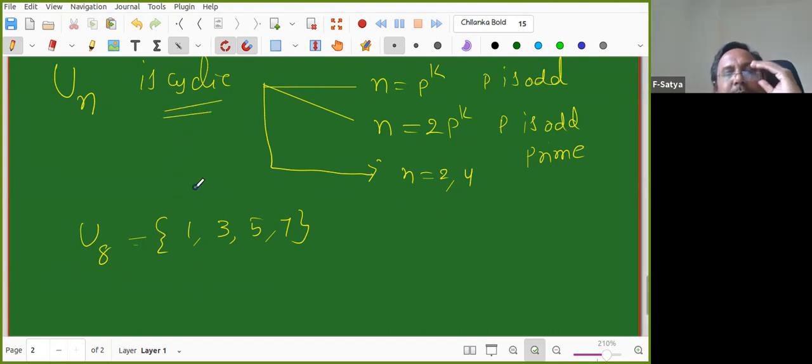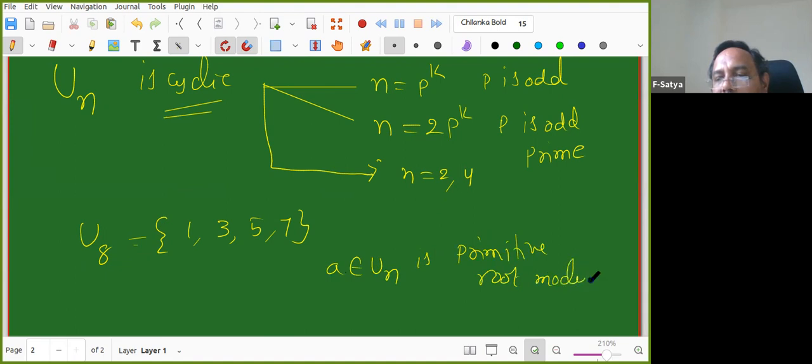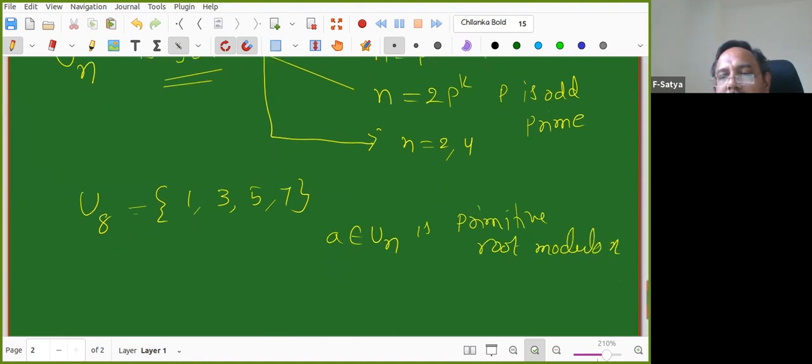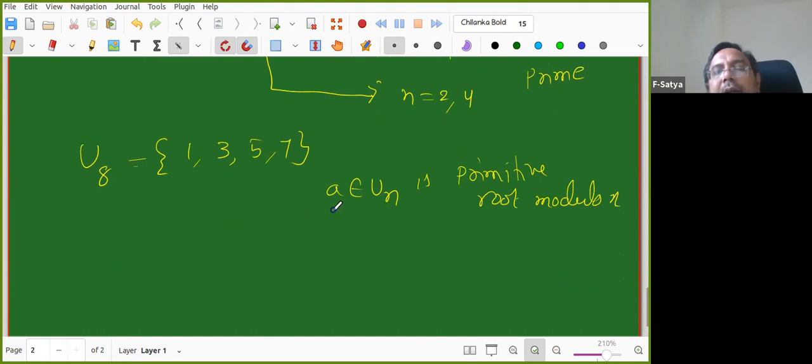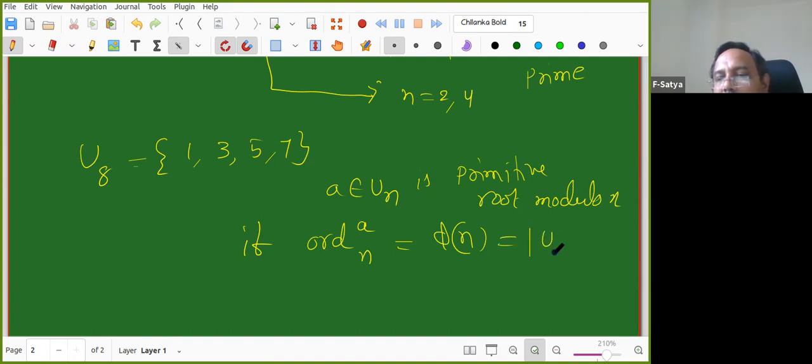What I want to say is this: an element A belonging to Un is a primitive root modulo n if the order of A modulo n is equal to phi of n, Euler phi function, that is the cardinality of Un, correct?